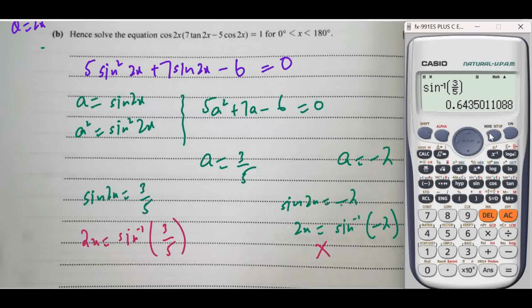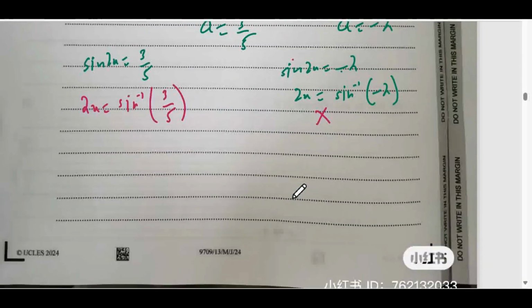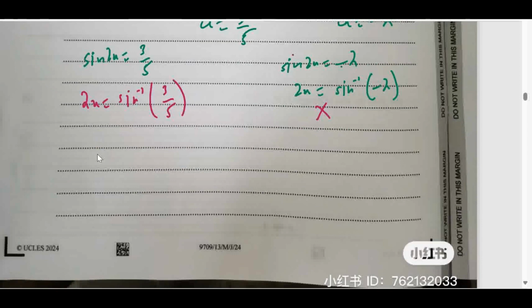So first of all, let's convert it into the degree mode because the range is in degree mode. Be careful about the range. So this will be equals to 36.86. Now we know that the reference angle will be 36.86. So 2x is equals to 36.86.